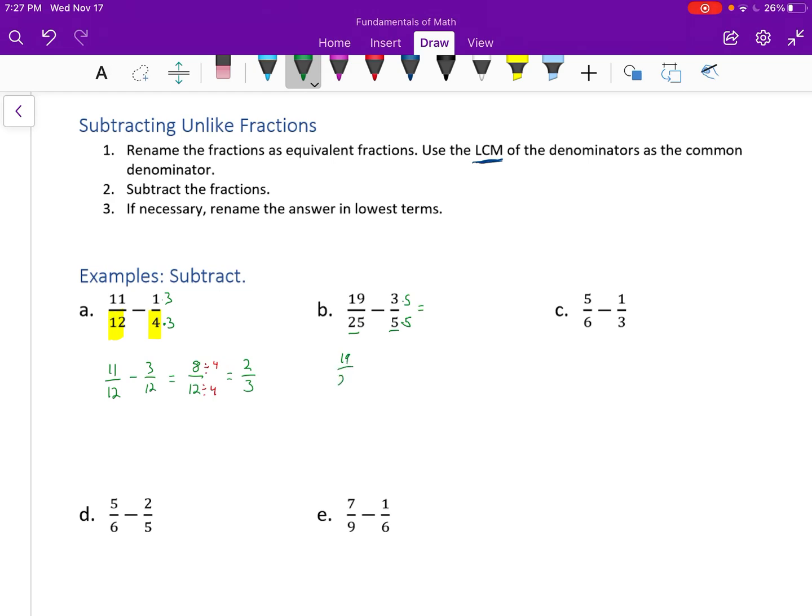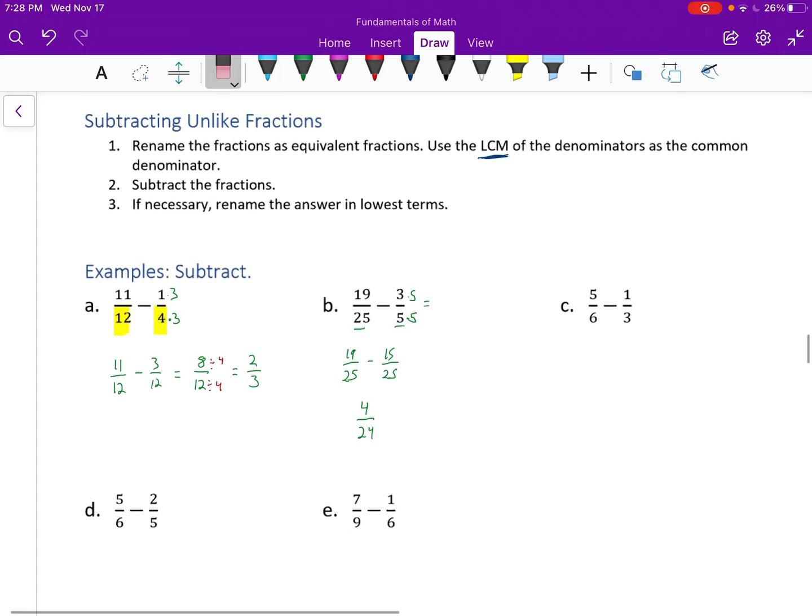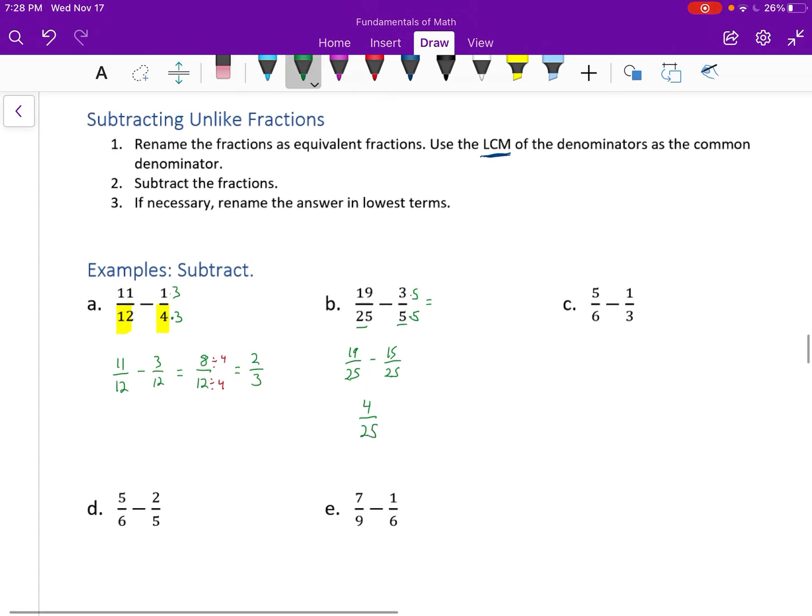And so this turns out to be 19/25 minus 15/25. And 19 minus 15 is 4/25, not 24ths. 4/25. And this does not have any common factors, so that's in its simplified form.